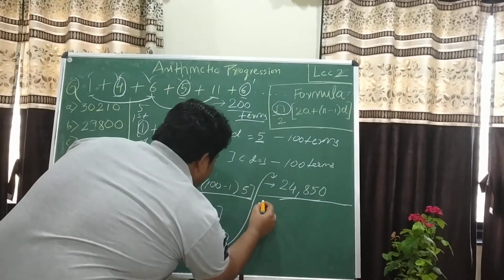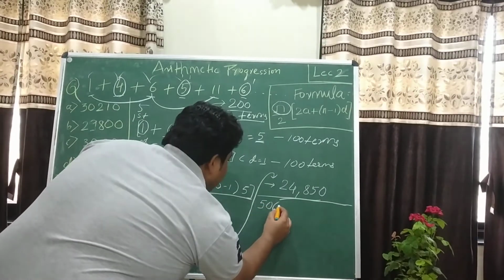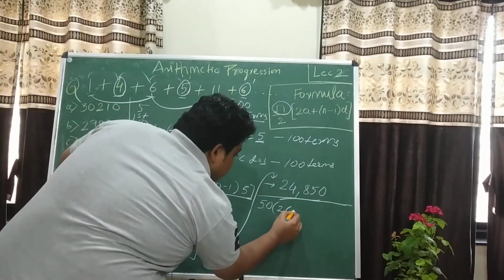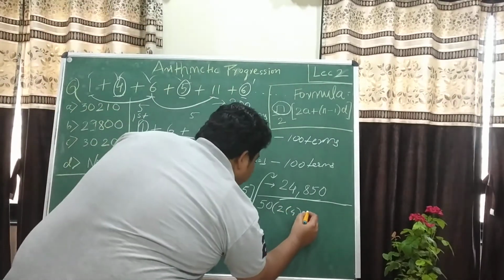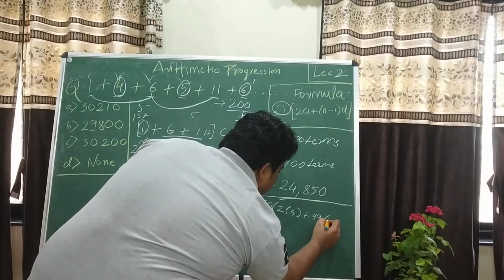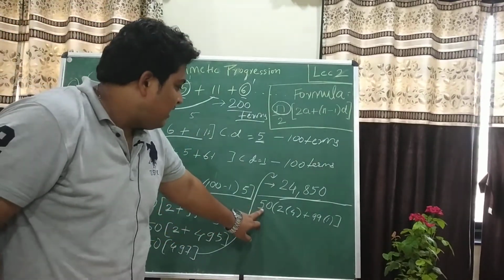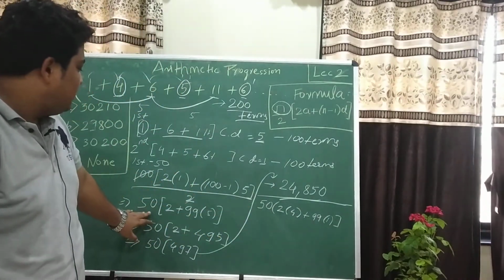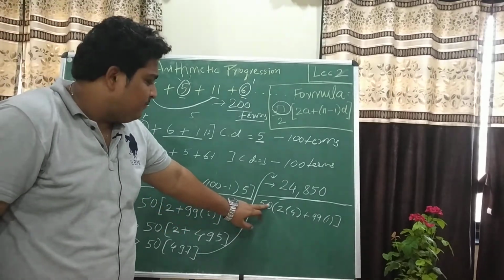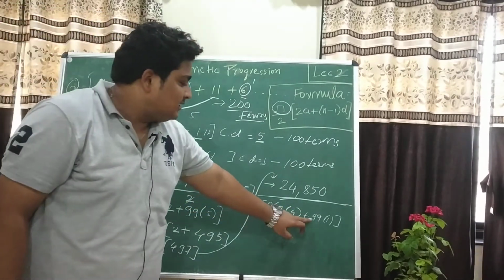So 50 into (2 into the first term, which is 4, plus 100 minus 1).